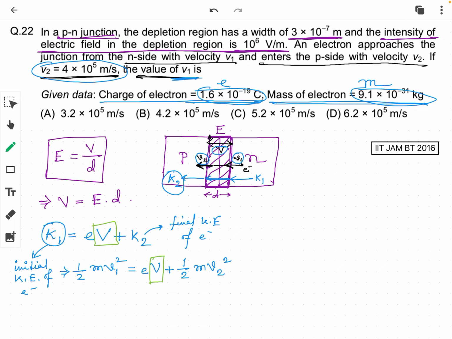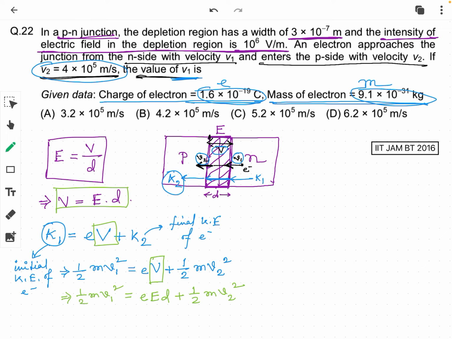So to find the potential difference, we need to use this relation, that is V equals E into d. So we can simply replace here. So it is small e times capital E into d plus half m V2 square. This is equal to half m V1 square.